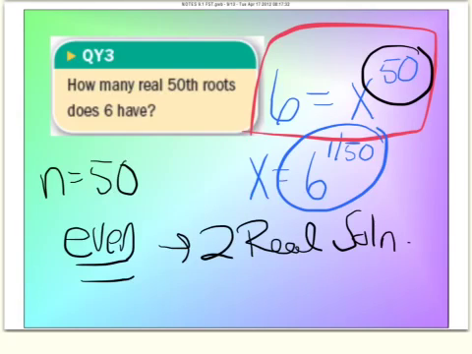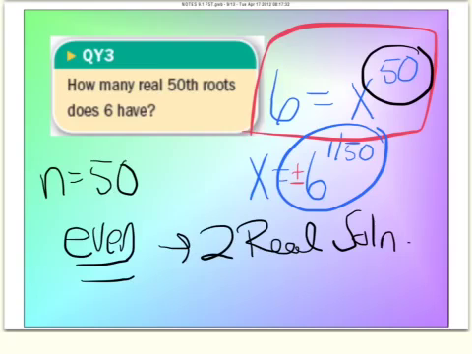You have to realize that it's plus or minus in this case. So that's where the plus or minus comes from. Now, if the exponent was not 50 but 49, for example, we know that there would have to be one real root because it's an odd power. So you can tell whether there has to be one real root or 2 real roots from that.